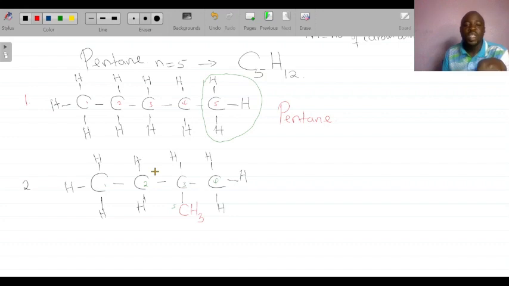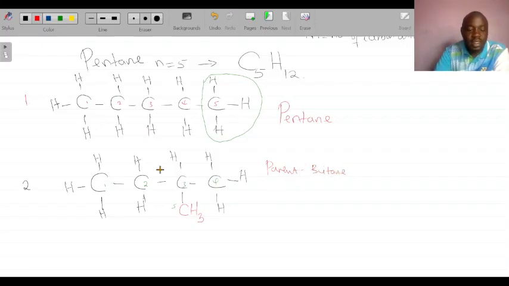So we can give the name. There are rules that are supposed to be used when naming organic compounds. Rule number one is to establish the longest continuous chain. In our case, it has 4 carbon atoms, so we expect our parent name to be butane.